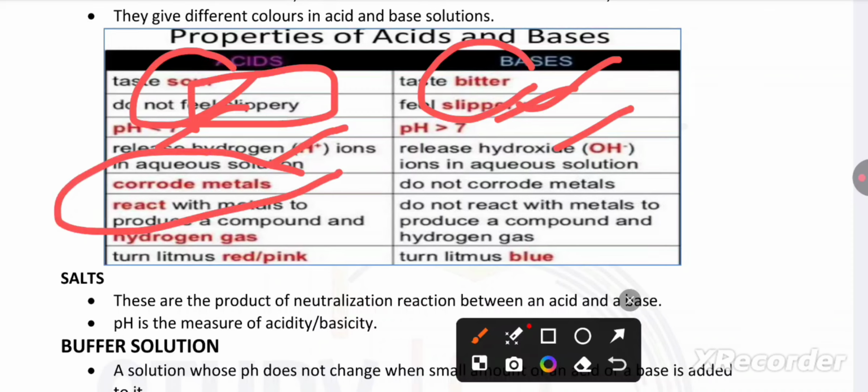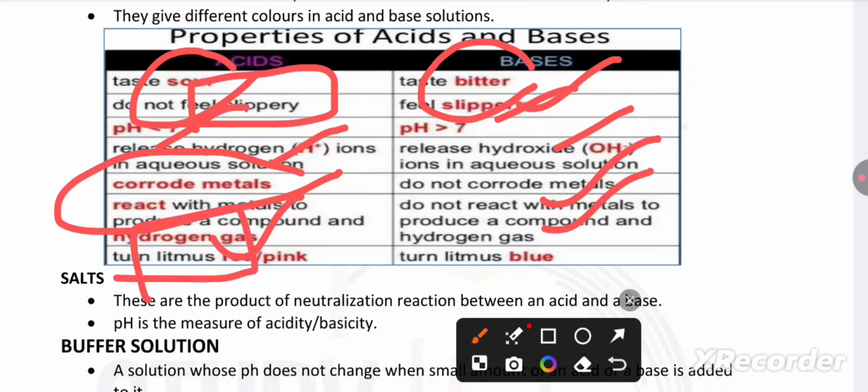Acids corrode metals; they can easily corrode a metal and make it very weak, but bases do not have that property. Acids react with metals and produce a compound and hydrogen gas. As I informed before, acids release hydrogen gas, but bases do not release anything.